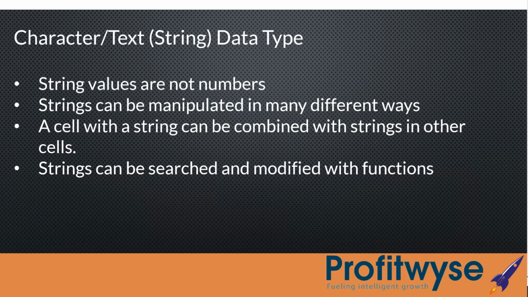But you cannot perform math on strings because they're not actually numbers. You can join them or split them apart. You can reference one string in one cell and do something with a string from another cell. And they can be searched and modified with functions as well as different formulas or equations.